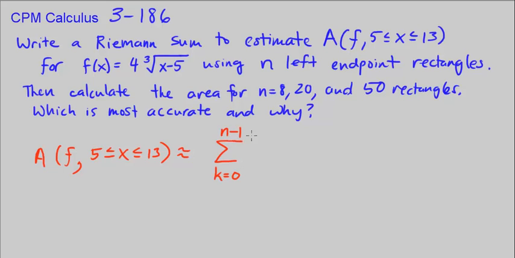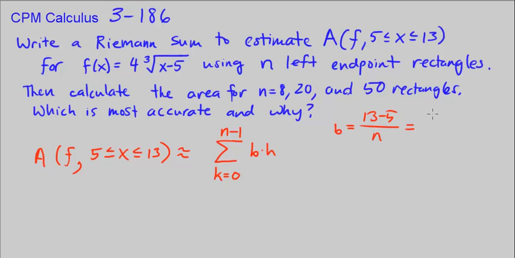Then we are going to use rectangles, so we want base times height of every rectangle. What is the base of every rectangle? The base is going to be the width of this region, 13 minus 5 units, divided by how many rectangles we have, which is n.